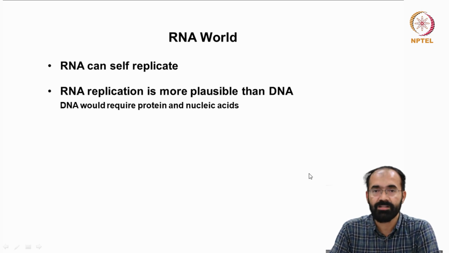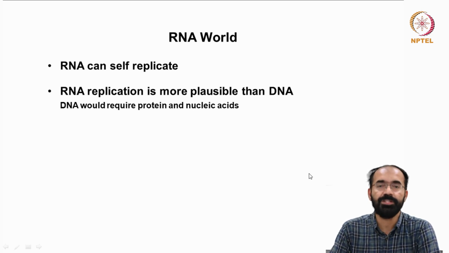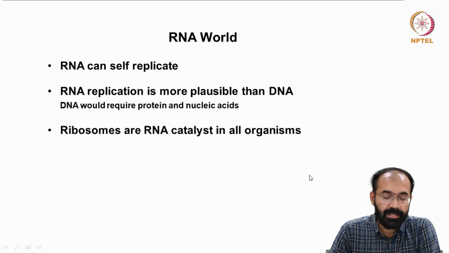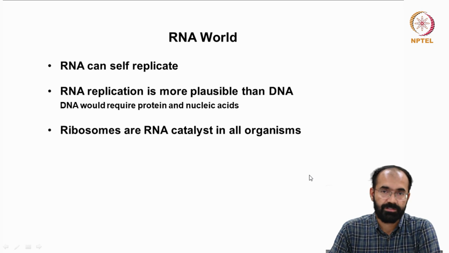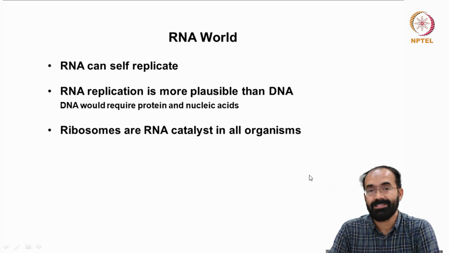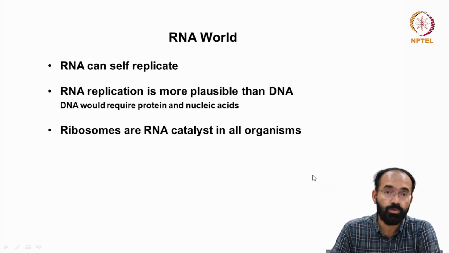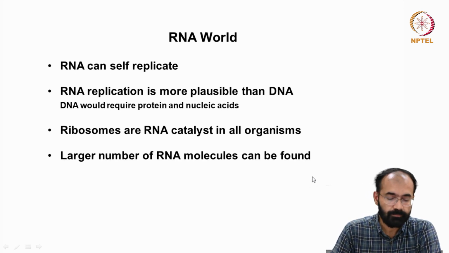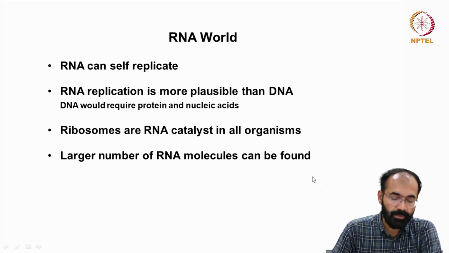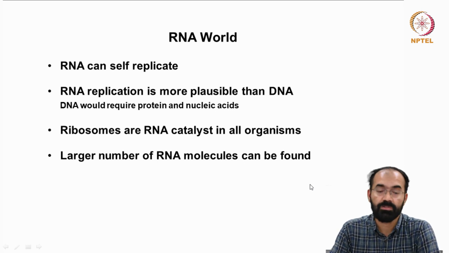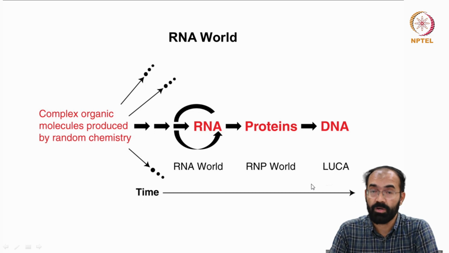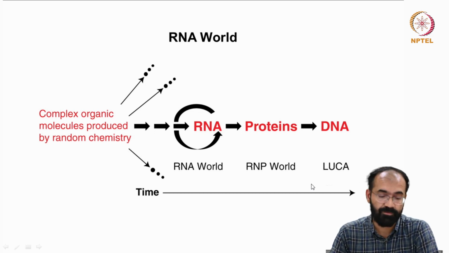So if there was a self-sufficient molecule, that should have been RNA. And there are other components such as ribosomes, which act as RNA catalyst in every organism, starting from bacteria to human even today. And there are also a large number of RNA molecules that can be found in the modern world, even in existing life forms.